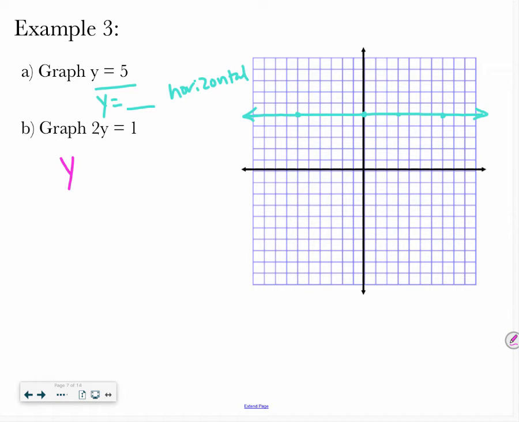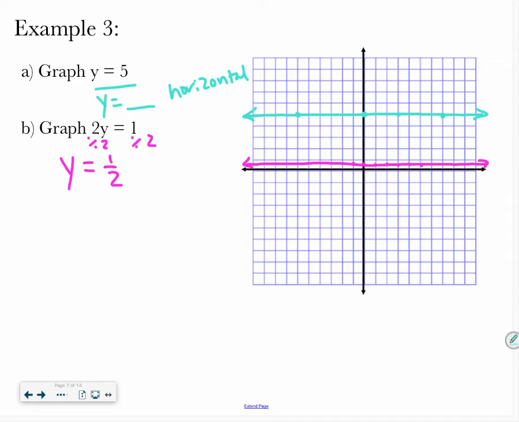We'd say y equals, if I divide both sides by 2, I get y equals 1/2. So I look, where does y equal 1/2? Everywhere along here. Do my best to try to draw a line. There we go. So that's where y equals 1/2.